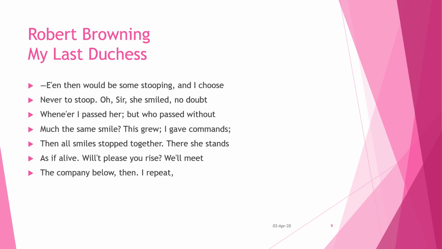I gave commands. Because he has no skill to tell her that he dislikes her behavior, what did he do? He gave commands. Then all smiles stopped together. Then she stopped smiling completely.